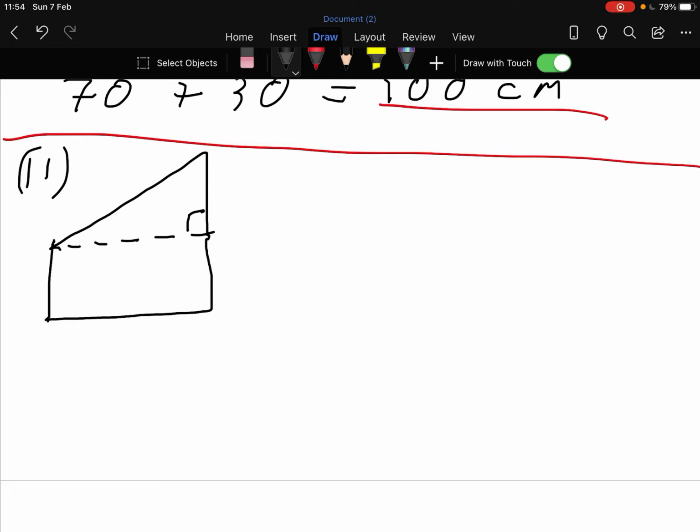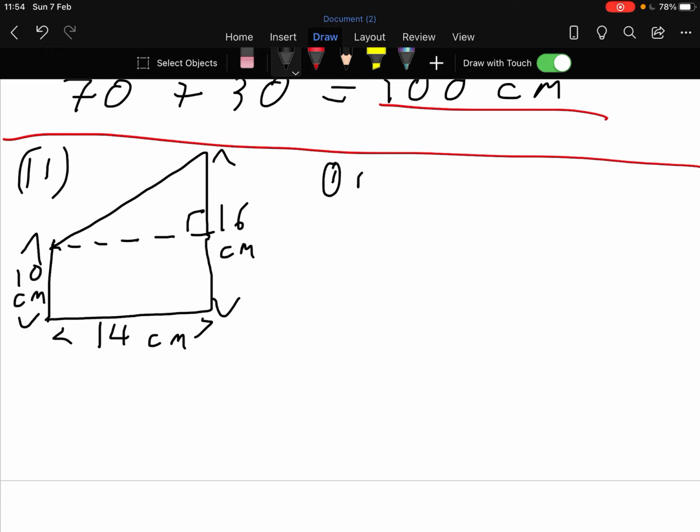Now, what we're told is from here to here is 14 centimeters. From here to here is 10 centimeters. And from here all the way up to the peak is 16 centimeters. Okay? So we'll do this together, okay? So what I'm going to do now is draw out the two shapes, okay?